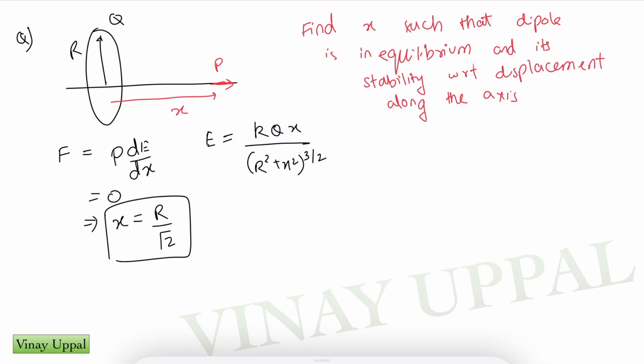Now let's discuss the stability as well. So for stability, I will need to calculate dF by dx. If that is positive, then the equilibrium will be unstable, and stable if it is negative. So dF by dx basically means P times d2E by dx square. Now I already know that at x equal to r by root 2, this corresponds to the maximum of the electric field.